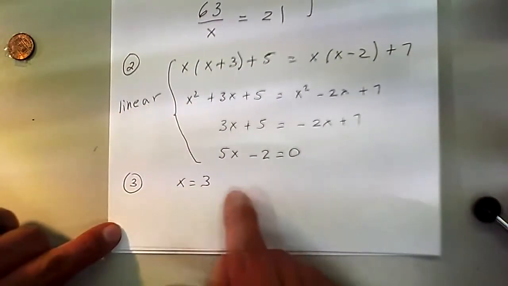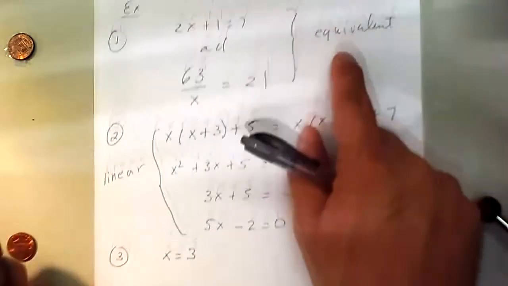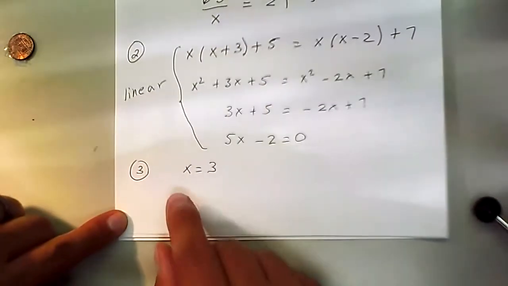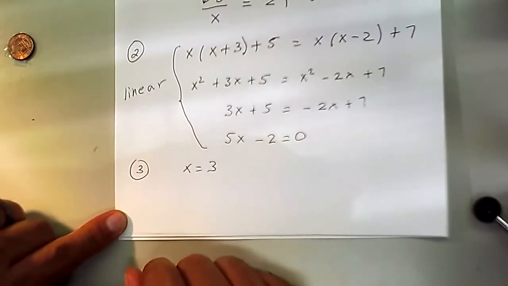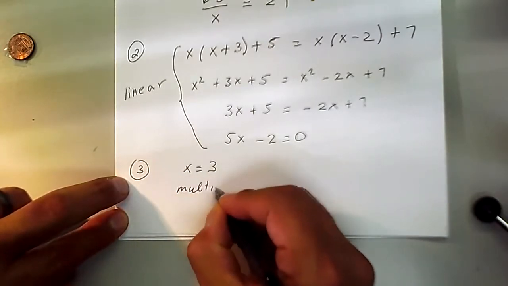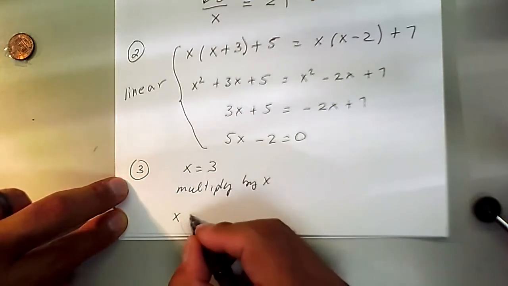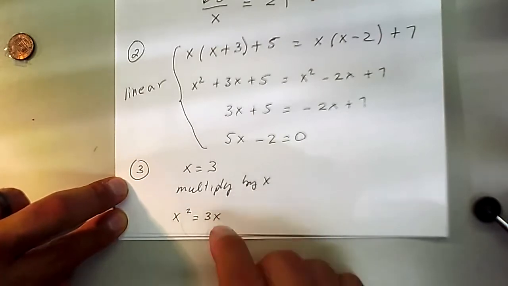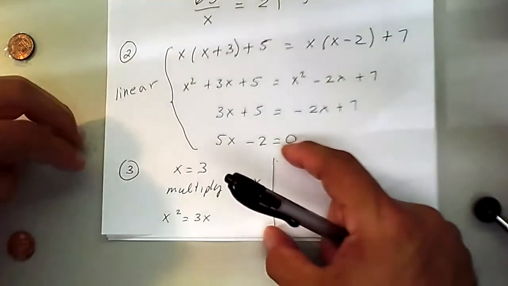What I want to show here is I want to go back to the concept of equivalency. Multiply both sides of the equation by x. So we have x squared equals 3x. I'm going to use columns because I want to squeeze this onto this piece of paper.